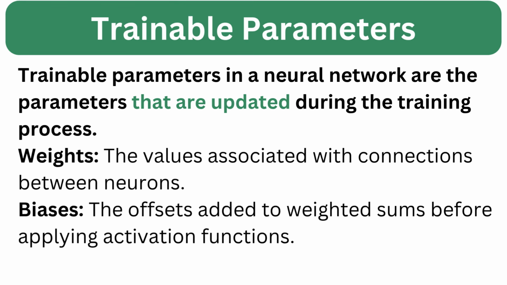Trainable parameters are those parameters that are updated during the training process of a machine learning model. For example, weights and biases. During the training of a machine learning model, either a regression model or a classification model, we need to adjust some parameters that are either weights or biases.